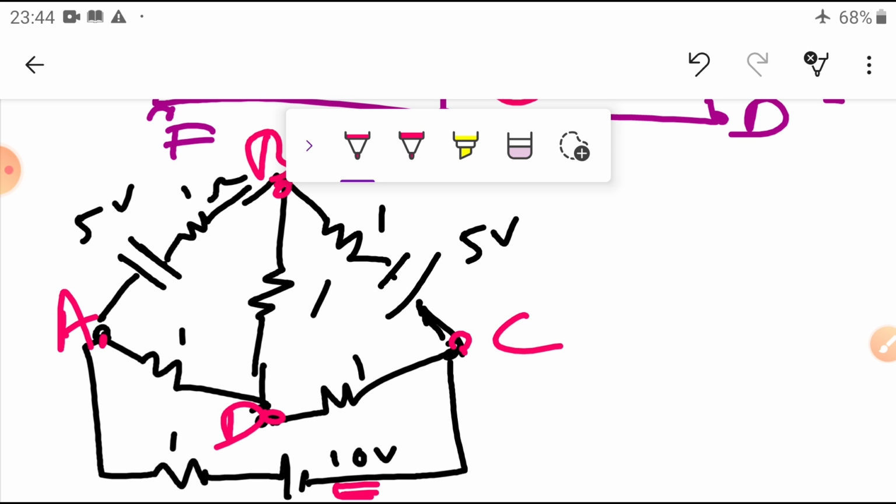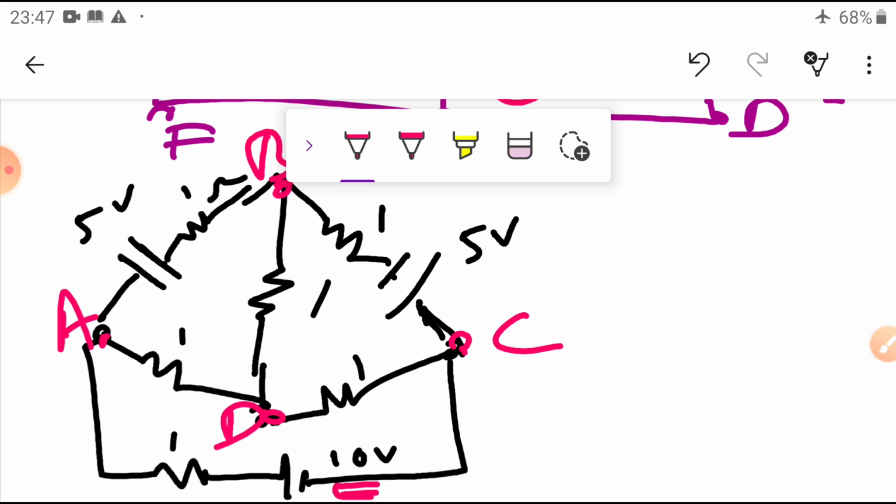Okay. So now considering the nodal analysis, we are going to do the equations. So you apply the nodal voltages. Here you can see at A terminal, you can see what is the current.